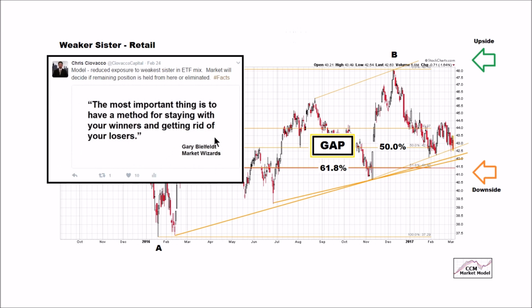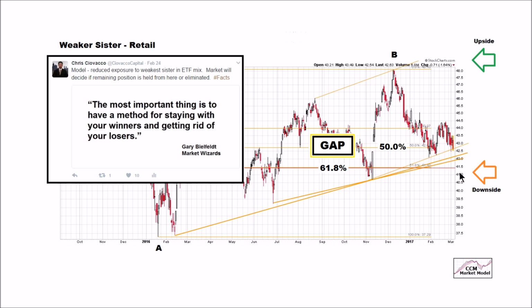As we noted on Twitter, the market will decide if the remaining position in XRT is held or eliminated. Our downside is somewhere in this area here. If it can't hold here, the rules will probably call for complete elimination of XRT. But our upside, if we rally back to the top of the channel, is decent.